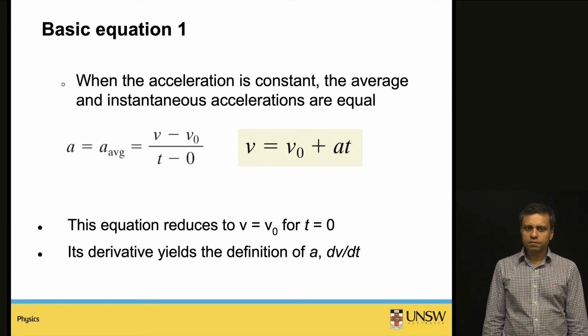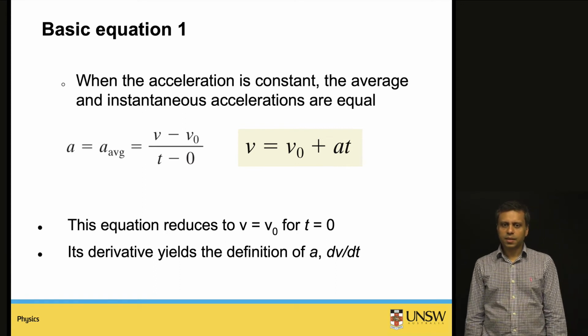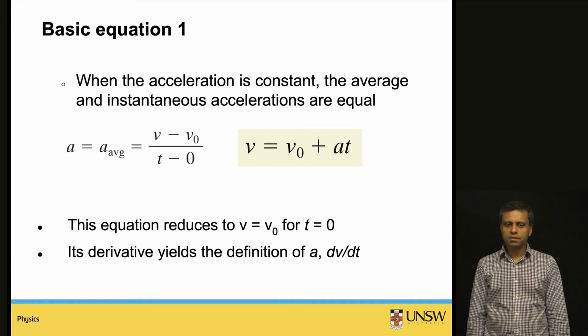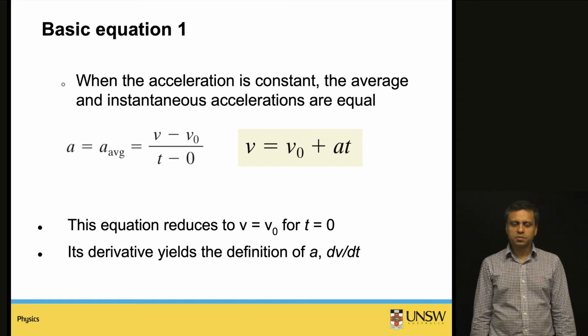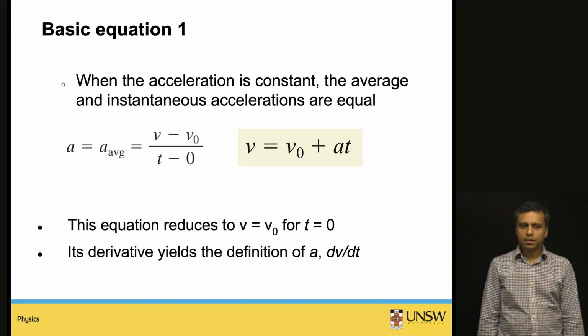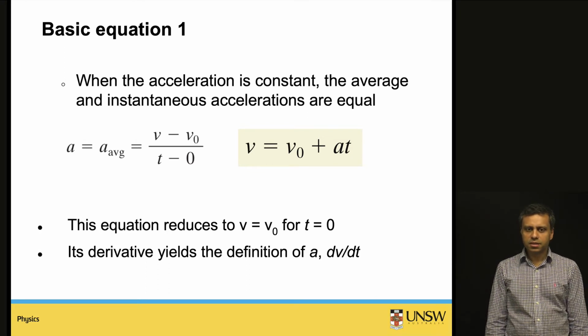From the definition, acceleration is the change in velocity over some time interval. We assume that the particle was traveling with velocity v naught at time t equal to 0, and after traveling a time t, the particle has some final velocity v. Then the average acceleration is given by (v minus v naught) over t.